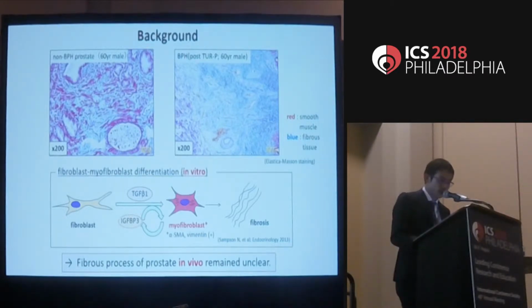A previous in vitro study reported that the fibrous process of the prostate is associated with myofibroblasts by TGF-beta1 and IGF-BP3. However, the fibrous process in vivo remained unclear. Therefore, we analyzed morphological changes and the differentiation process of myofibroblasts in vivo using a BPH model rat.